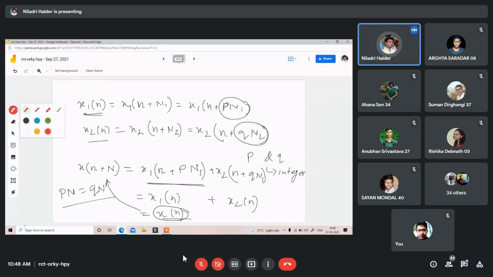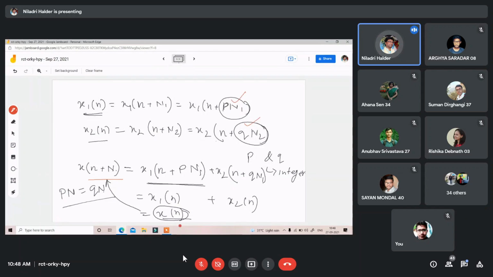Simply these two cases. If these two are the same, then xn equal to xn plus capital N. That you can write.